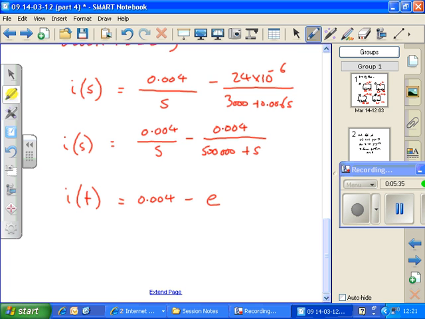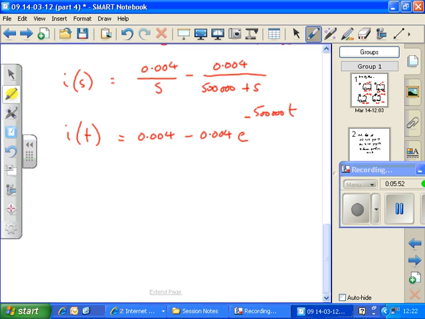Minus 0.004 e to the minus 500,000 t. Now I can take 0.004 outside the bracket, leaving 1 minus e to the minus 500,000 t.